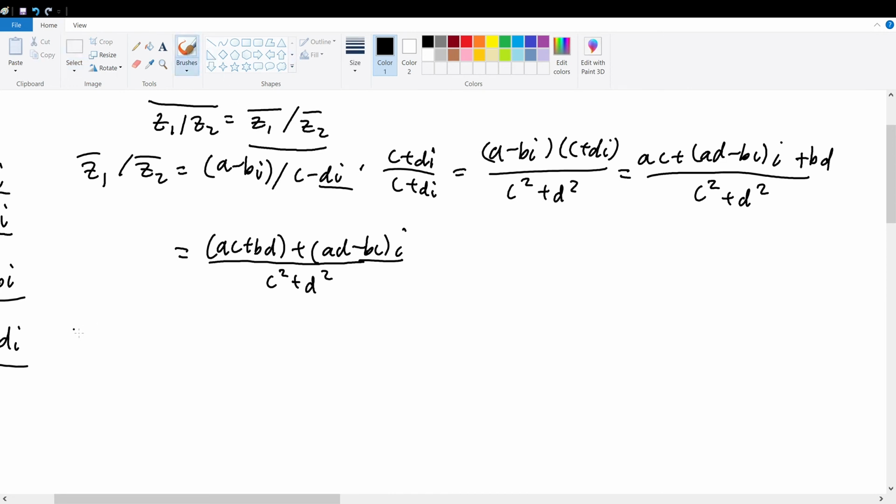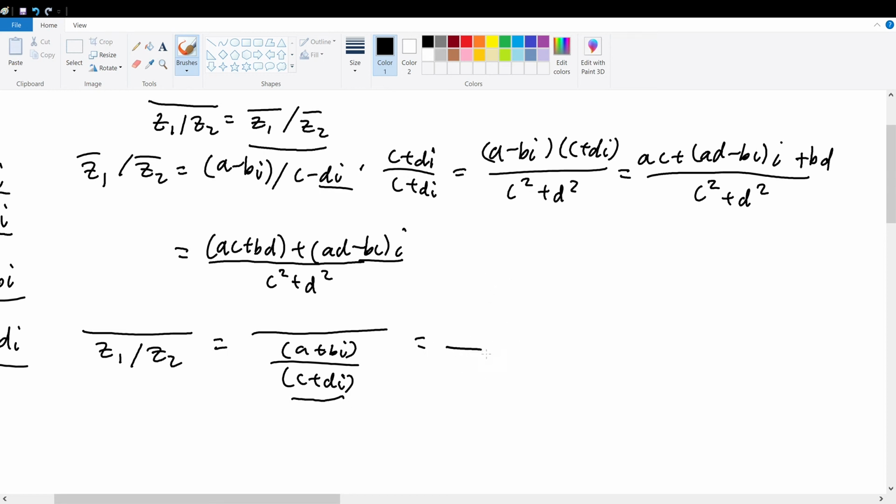So what about the conjugate of the two together? Well, the conjugate of them together, so z1 divided by z2, will be equal to the conjugate of a plus bi divided by c plus di. And we can evaluate this because we know that we can get rid of the denominator with the imaginary term. So this becomes a plus bi times c minus di over c squared plus d squared.